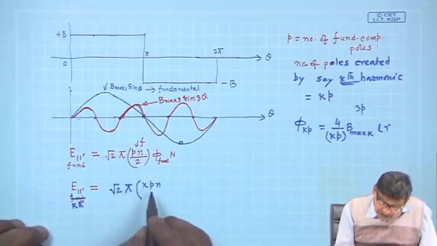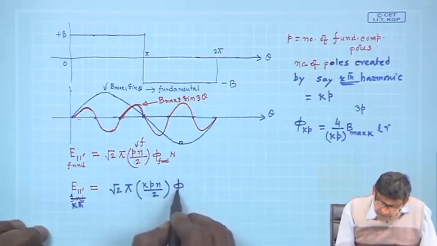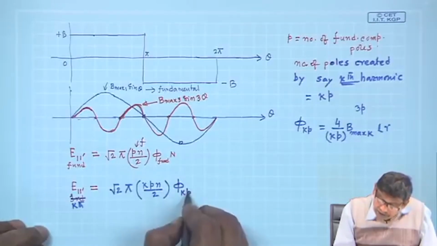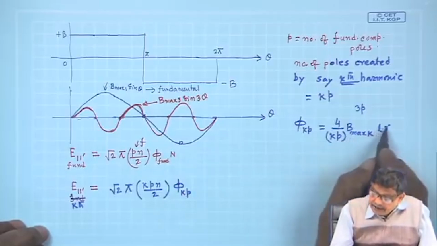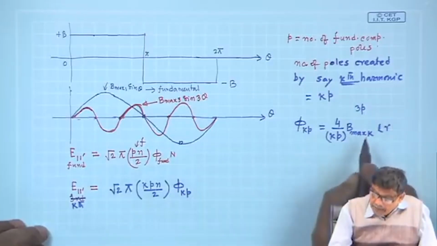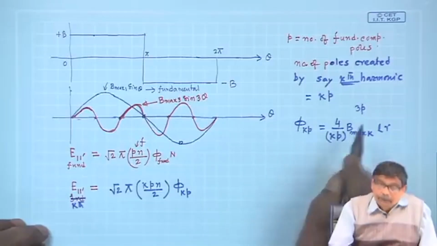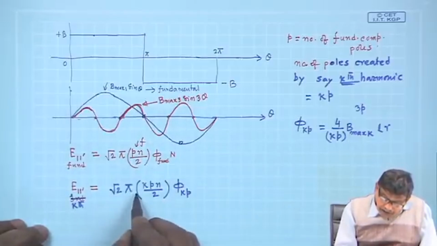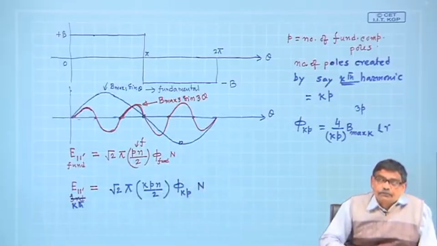So Kp n by 2 into phi, the flux per pole due to that kth component, which should be calculated using B max K, with Lr fixed, and 4 by Kp, because the number of poles of that machine has increased. So root 2 pi into phi Kp into n, and the number of turns of course remains the same.